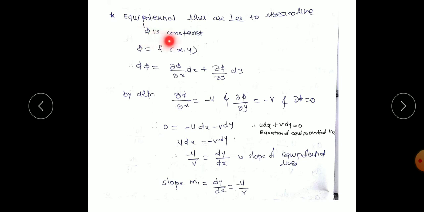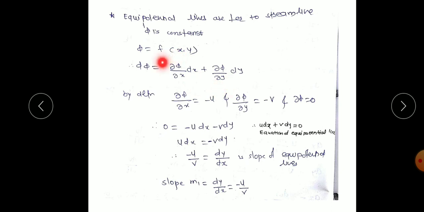In that, the phi value, the potential function, is constant. So we know phi is a function of x and y in a two-coordinate system. So d phi, variation of phi, will be del phi by del x dx plus del phi by del y dy.